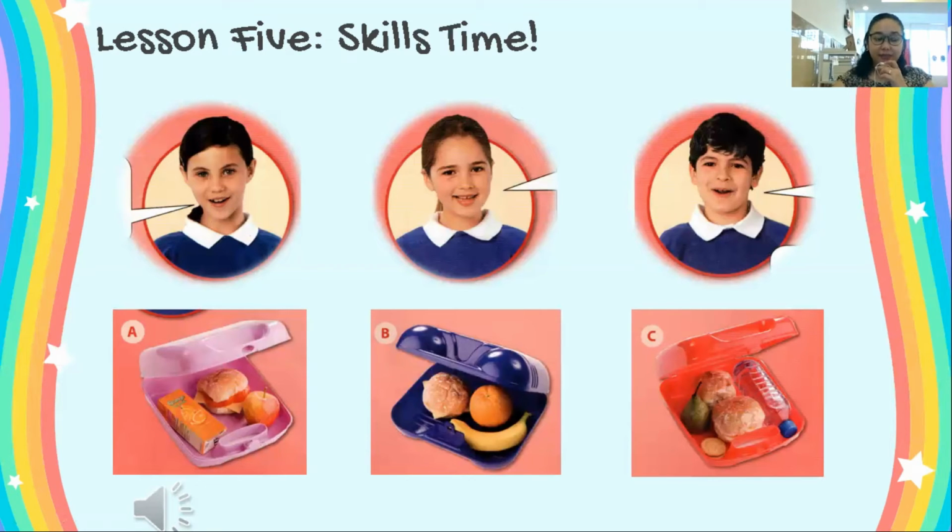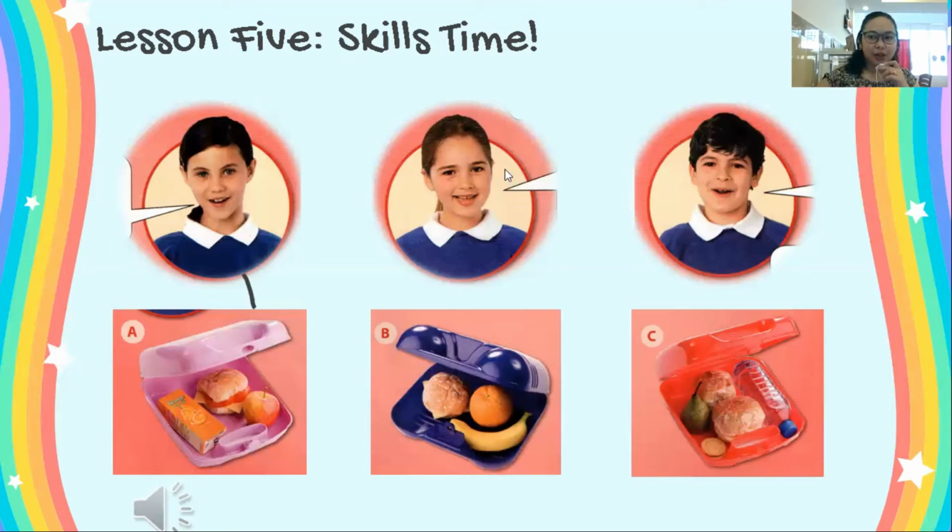I don't have a banana, but I have an apple. I have a drink today. So where is her lunchbox? Is it lunchbox A, lunchbox B, or lunchbox C? Her lunchbox is lunchbox A. Yes, very good.